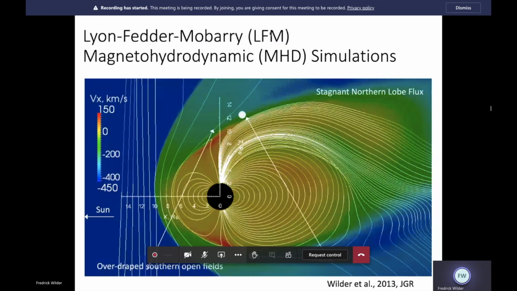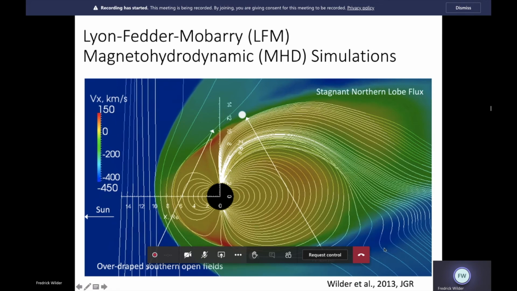It's a magnetohydrodynamic simulation. It solves a combination of Maxwell's equations and the Navier-Stokes fluid dynamics equations. So this is a simulation of that event I observed. Here's the magnetosphere. You can see there, the color is flow speed. So you can see jets going in different directions from these 2 points.